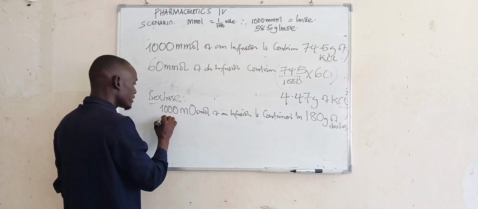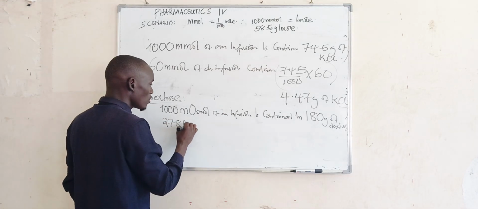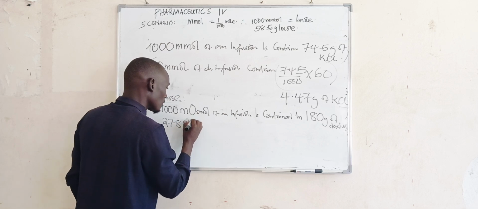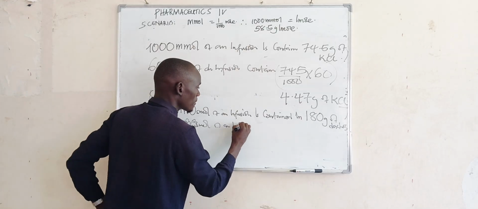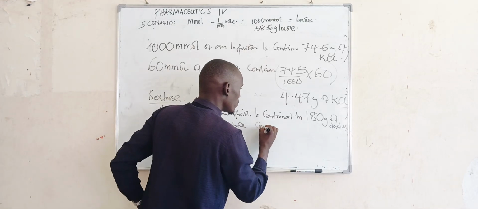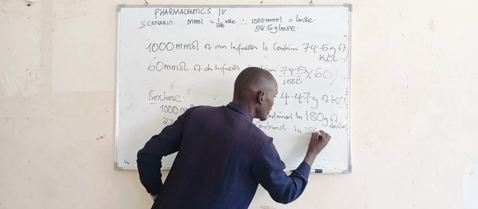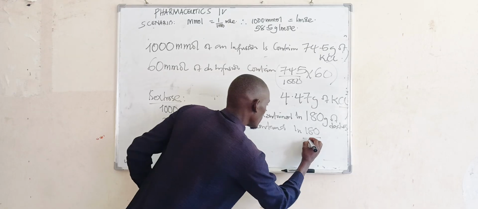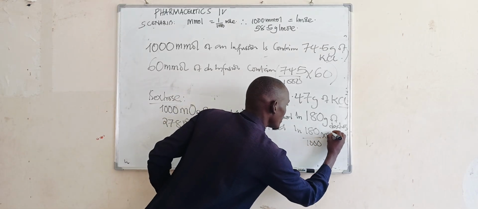How about the 278 mosmoles of an infusion? It will be contained in 180 divided by 1,000 times 278.